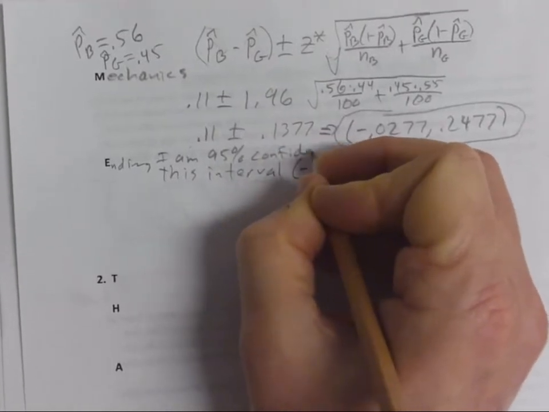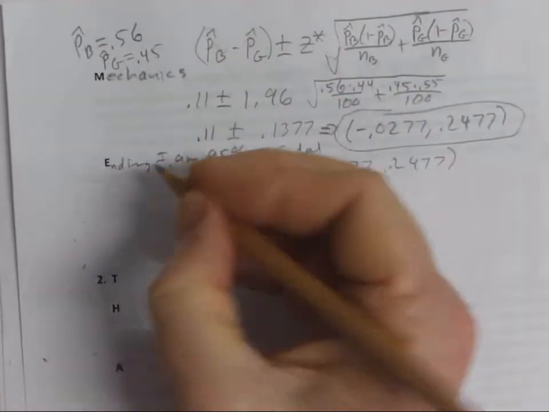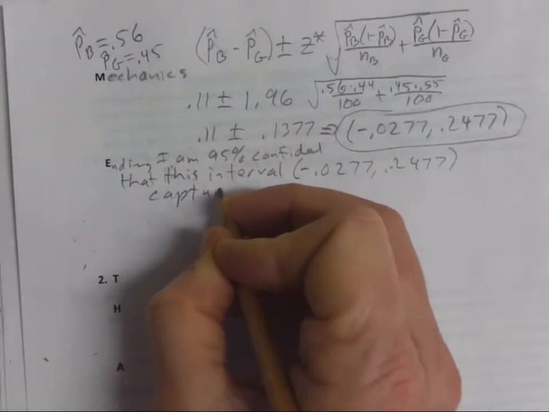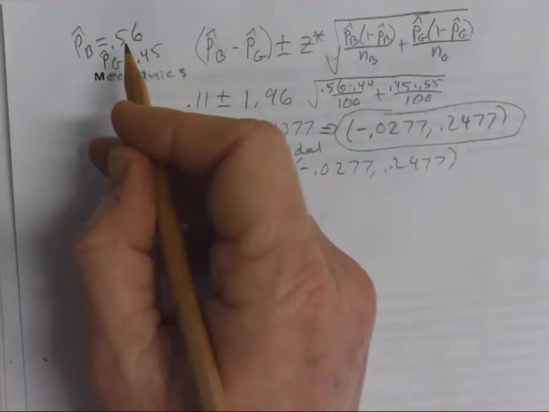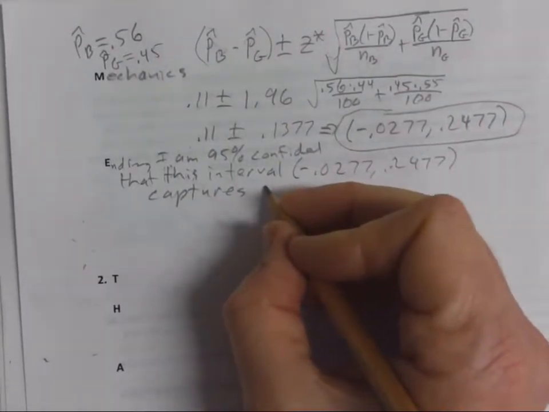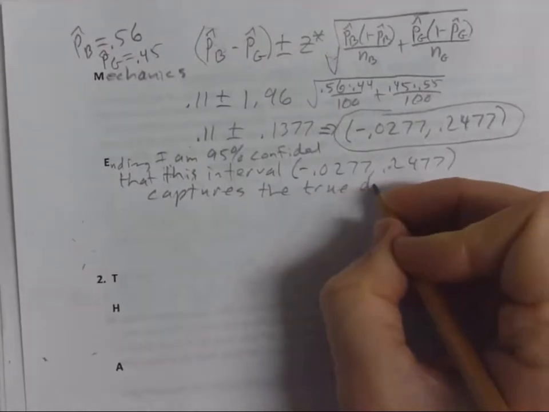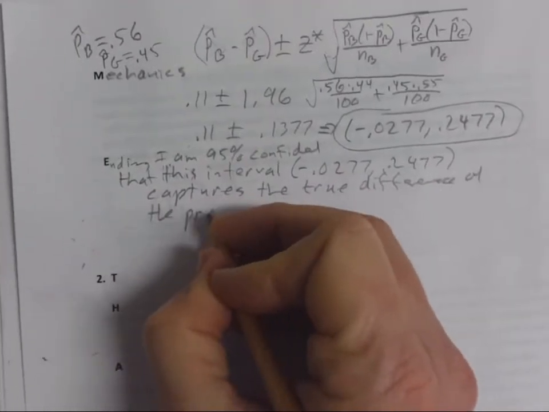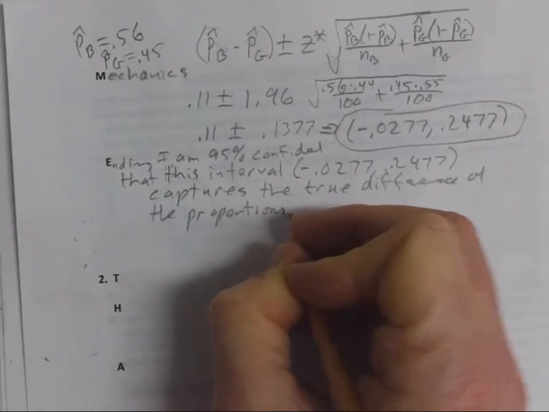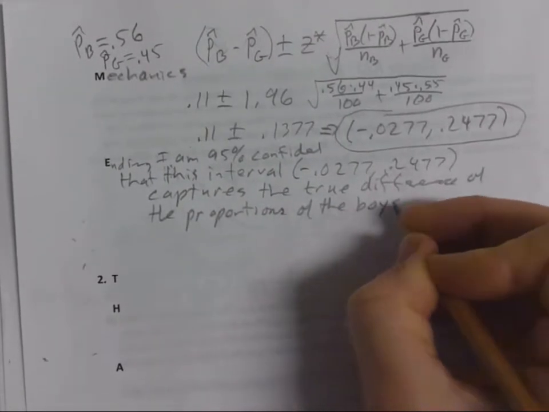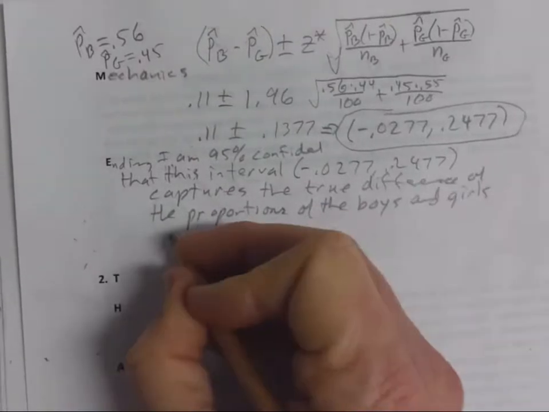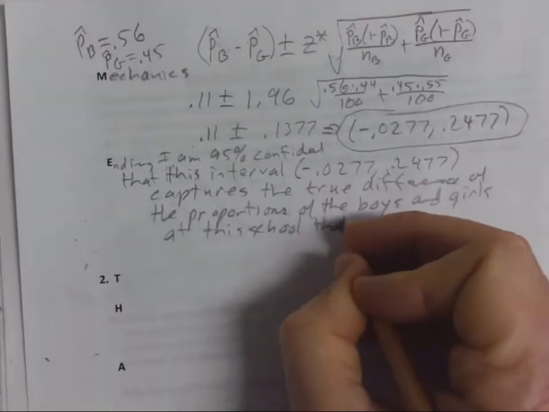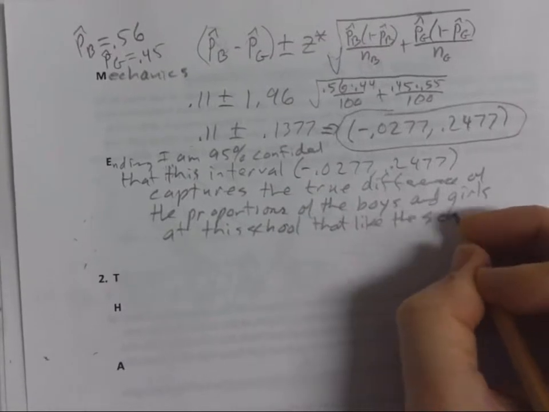I'm 95% confident that this interval captures the true difference in the population proportions of the boys and girls at this school that like the school lunch.